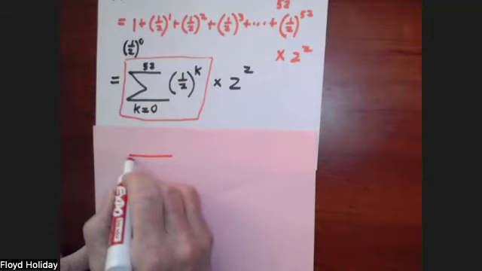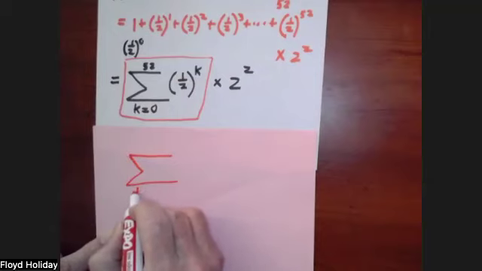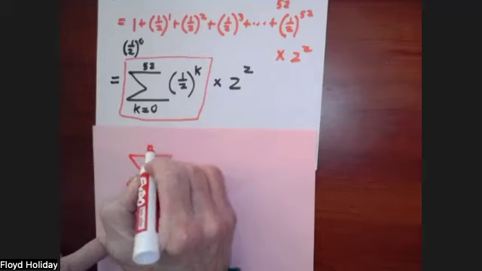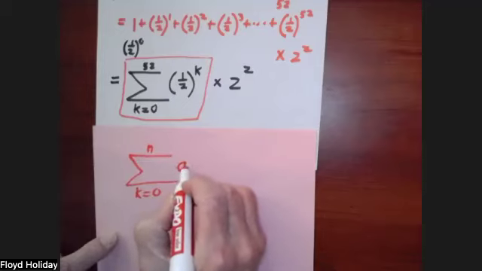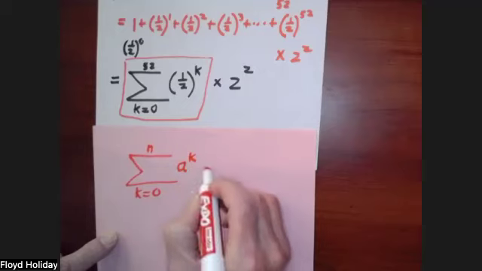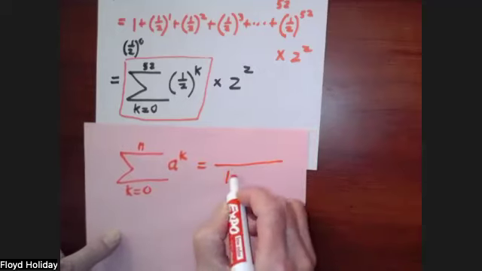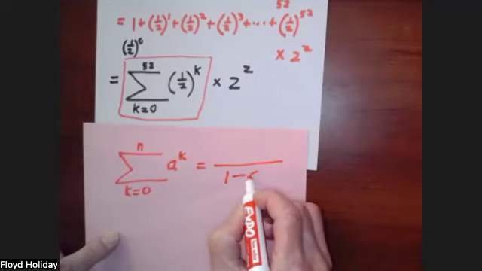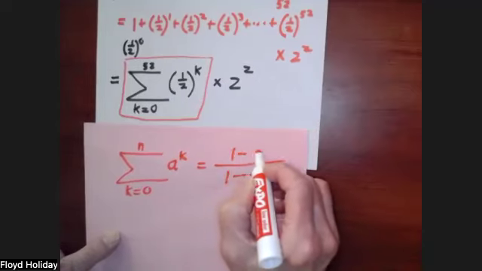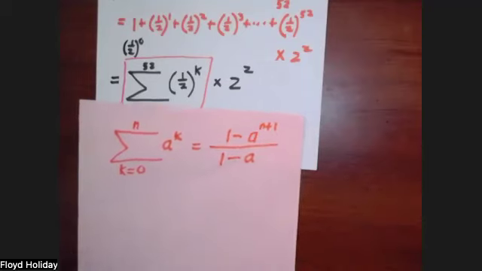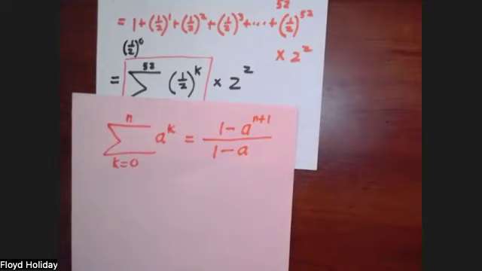The sum from k equals 0 to n of anything a raised to the k, where a is something: 3, 2, 1/2, 1/4, 2/3.